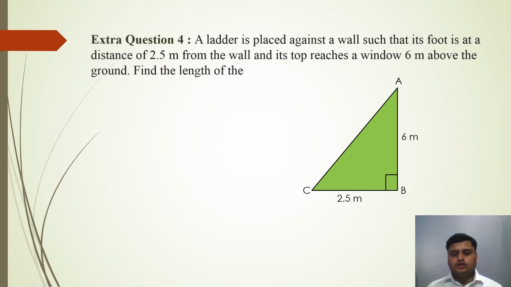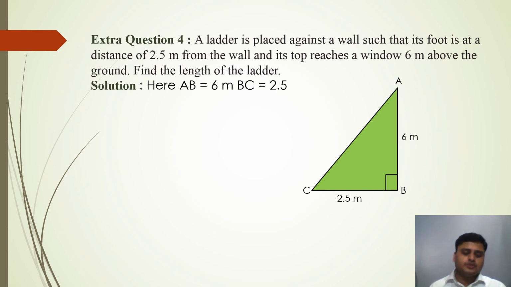First of all, we will draw the figure. So AC represents here the ladder, and A is the point where the window is, which is at a distance of 6 meter above the ground. So here we will write AB is equal to 6 meter and BC is equal to 2.5 meter.